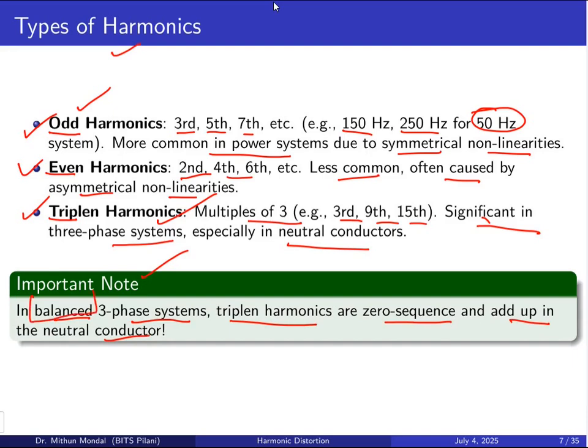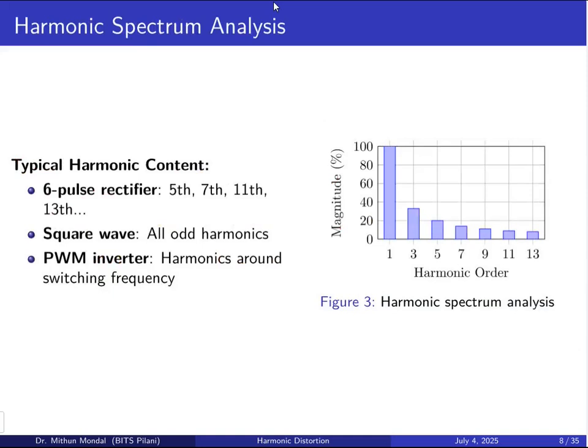In a balanced system the voltages in each phase are equal and the load impedances are equal, so the triplet harmonics are the zero sequence component of that voltage, and they will be present in the neutral conductor.